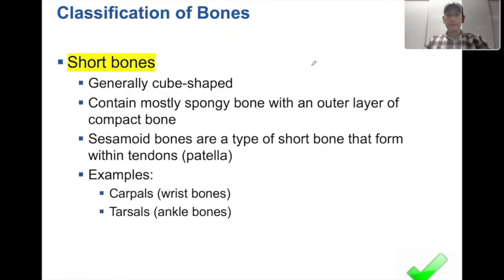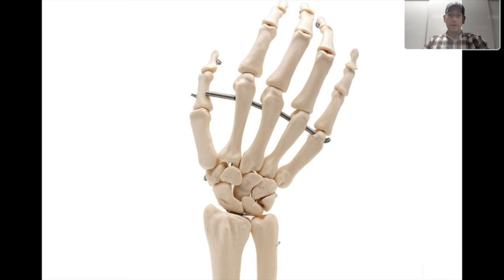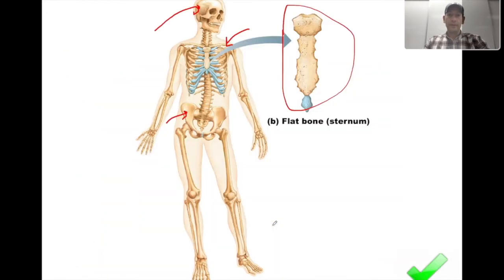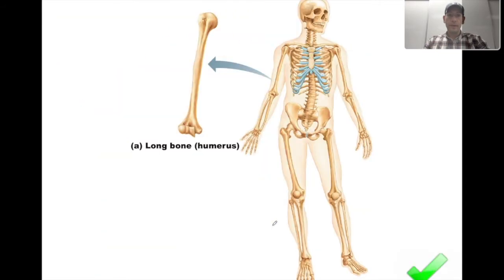We also have short bones. These are found in the wrist and they're found in the ankle. These here pretty much are all short bones. Now, if we turn the hand around, we'll find that there is actually one bone in the wrist that's not a short bone.